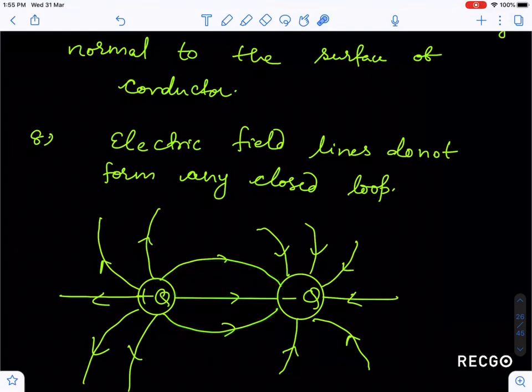So positive charge field lines originate and terminate either on a negative charge or at infinity, and for a negative charge, field lines terminate on it or originate from infinity and terminate on the negative charge. I can say it simply like this.